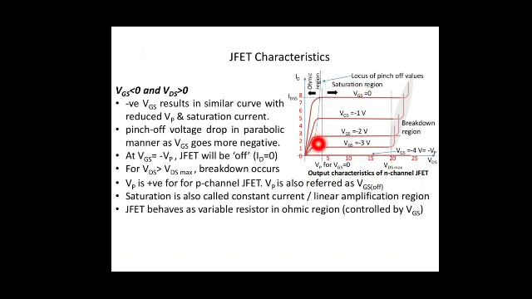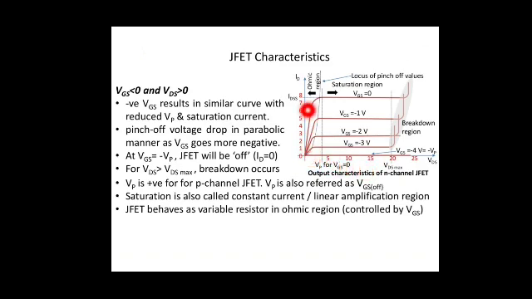We will try to see how the output current ID will vary based upon the input voltage VDS. Whenever you apply input voltage VDS, how does it affect the output current ID?